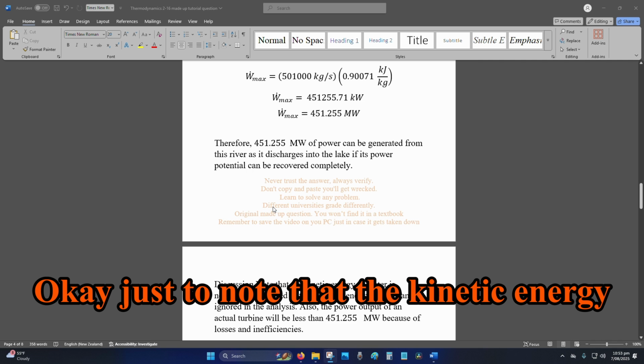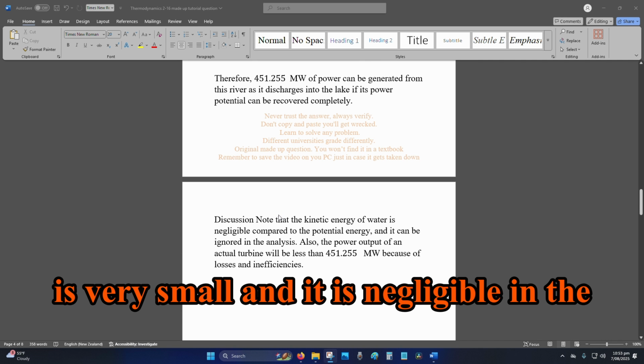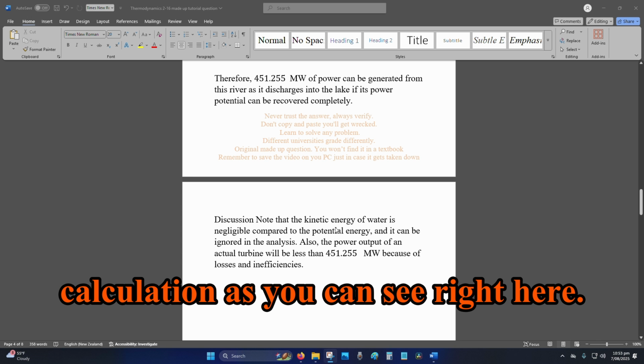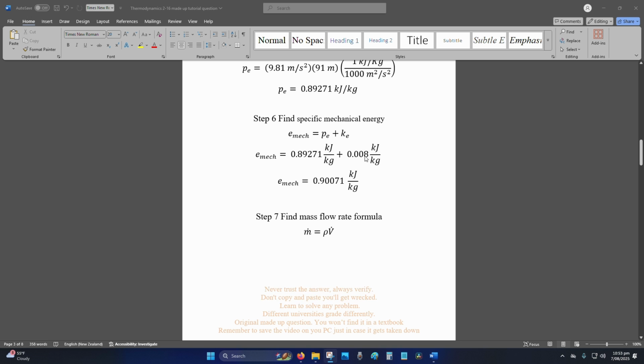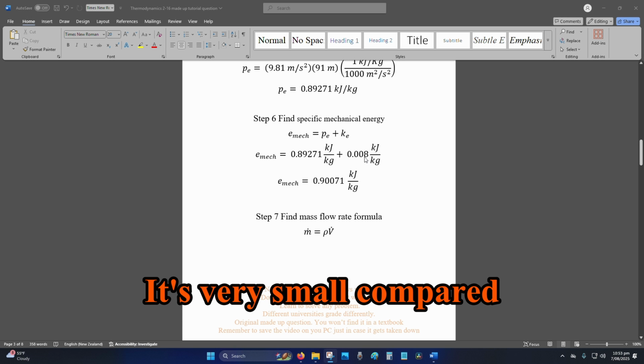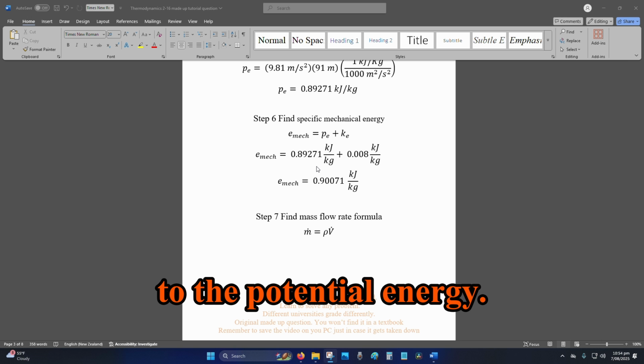Okay, just a note that the kinetic energy is very small and it is negligible in the calculation. As you can see right here, it's very small compared to the potential energy.